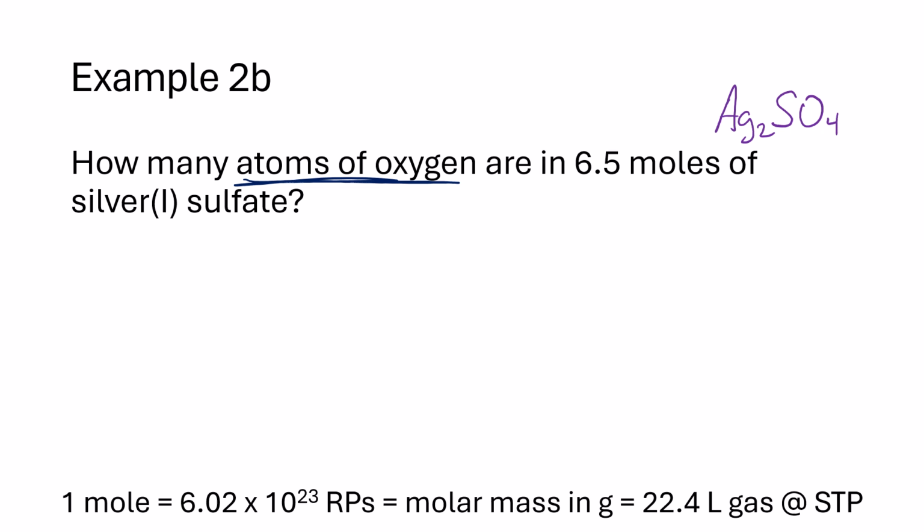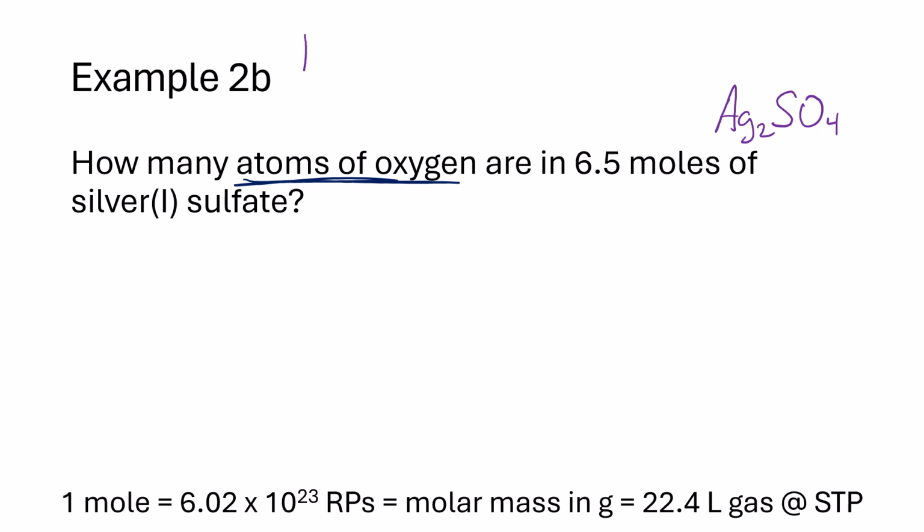I cannot assume that atoms is going to be the same thing as the representative particles, because silver sulfate is an ionic compound, and the smallest representative particle for this entire compound is going to be a formula unit. I can't do atoms because it's a compound, and if I want to focus specifically on oxygen, I'm going to have to do an additional conversion.